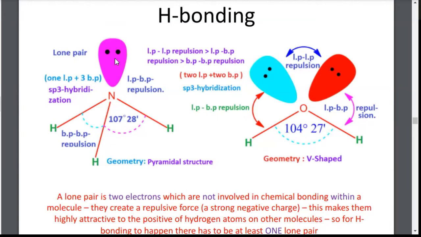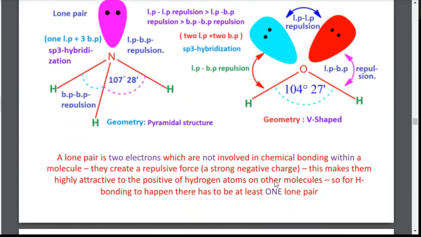There's one lone pair on the ammonia, two lone pairs on the oxygen, and a lone pair is two electrons which are not involved in chemical bonding within a molecule. What they do is they create a strong negative repulsive force, because they're electrons, which are negatively charged.